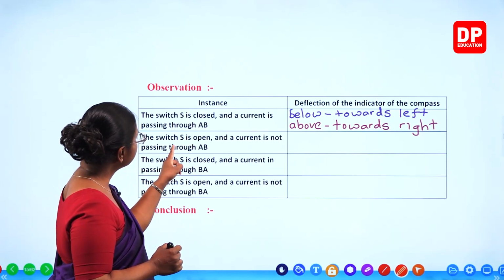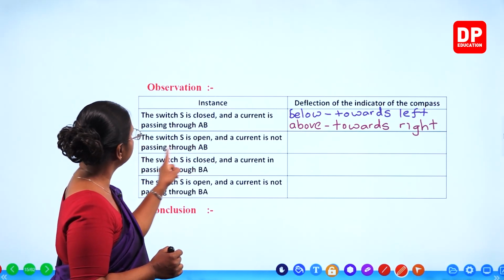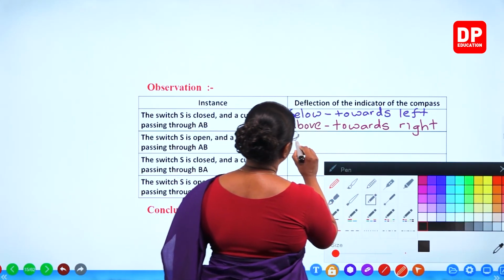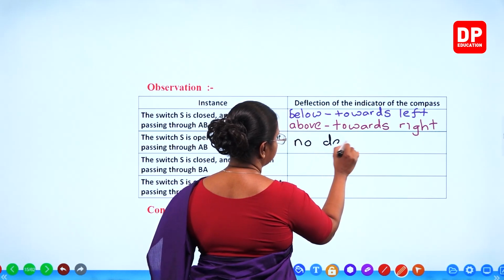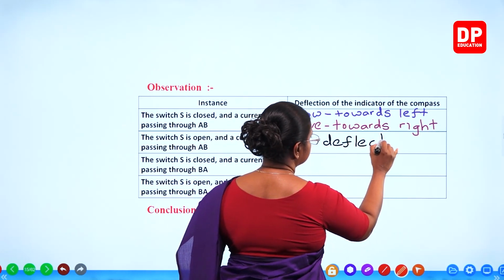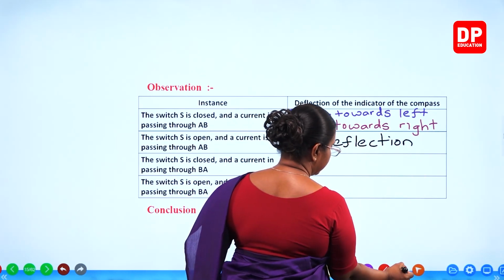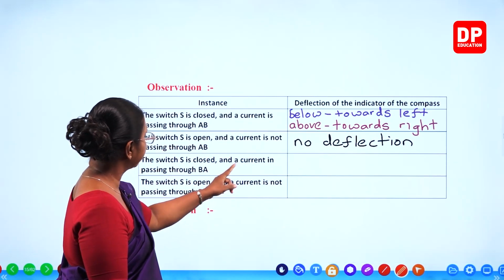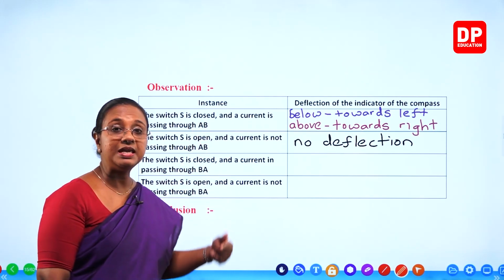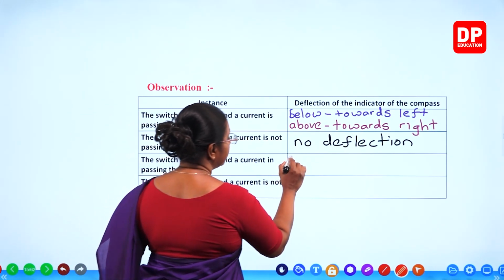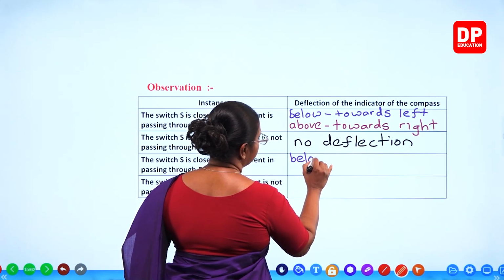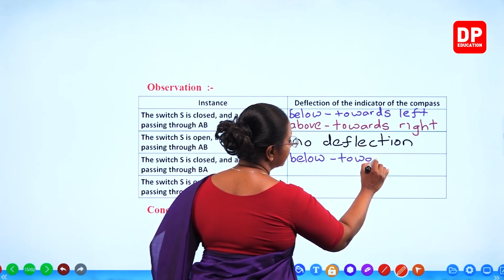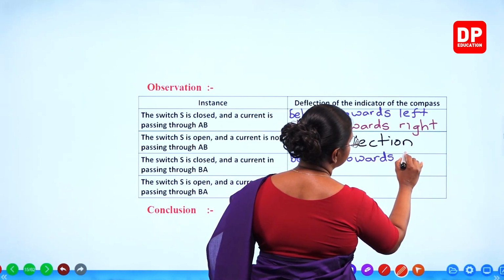Then the switch S is open and a current is not passing through AB. What happens there? There is no deflection. Then again, the switch S is closed and a current is passing through BA, opposite direction. Then also, the compass was below. You saw that the deflection was towards right.